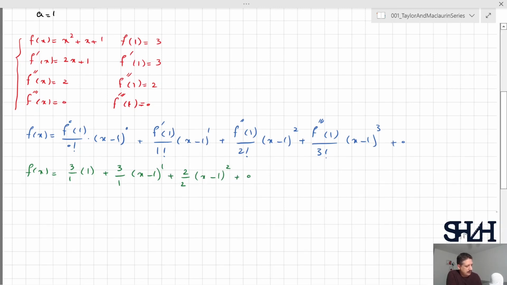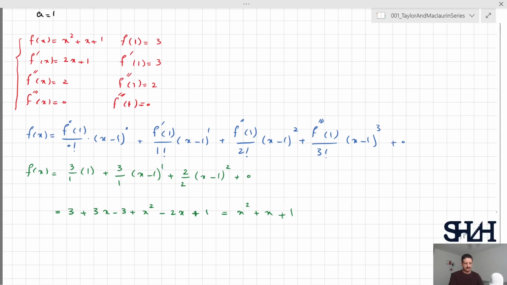So it will be 3 plus 3x minus 3 plus x squared minus 2x plus 1, and it will be x squared plus x plus 1. This is a very simple example just to understand how it works.